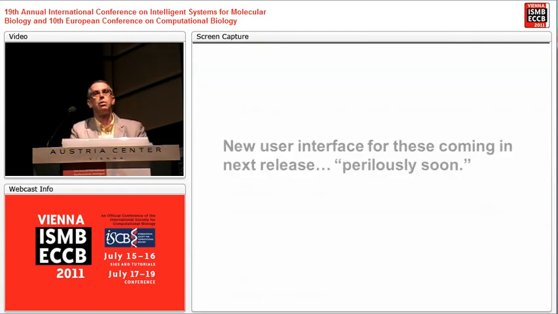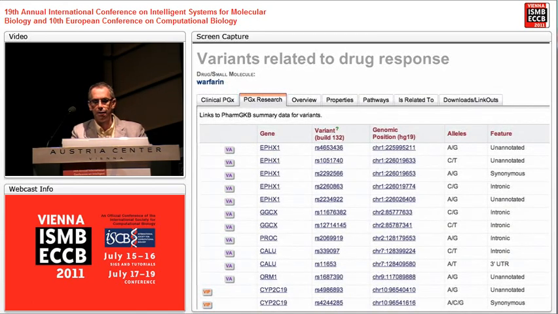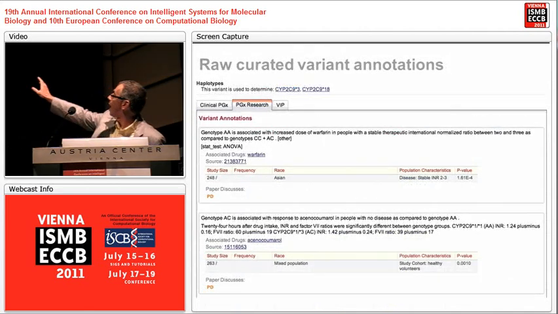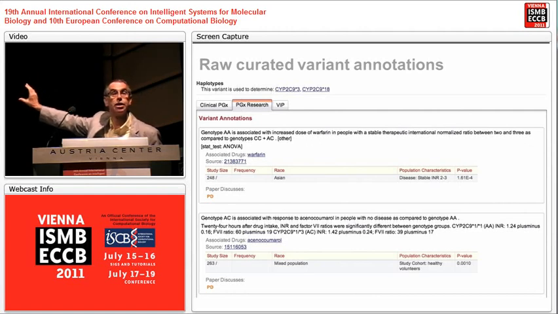Now, very soon we will be releasing a new user interface to this data, which we're pretty excited about. This will be for warfarin. This is a list of all the relevant genes that have been curated by our staff. And we will also have a more detailed annotation of the information about the phenotype-genotype association. So here we're saying genotype AA.